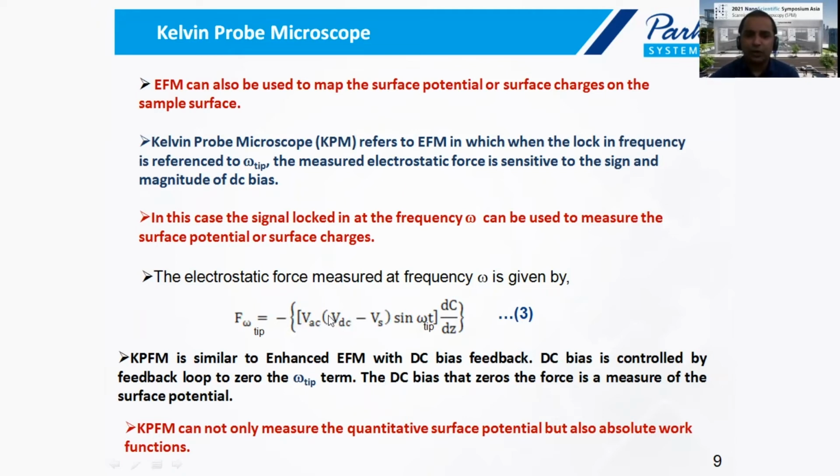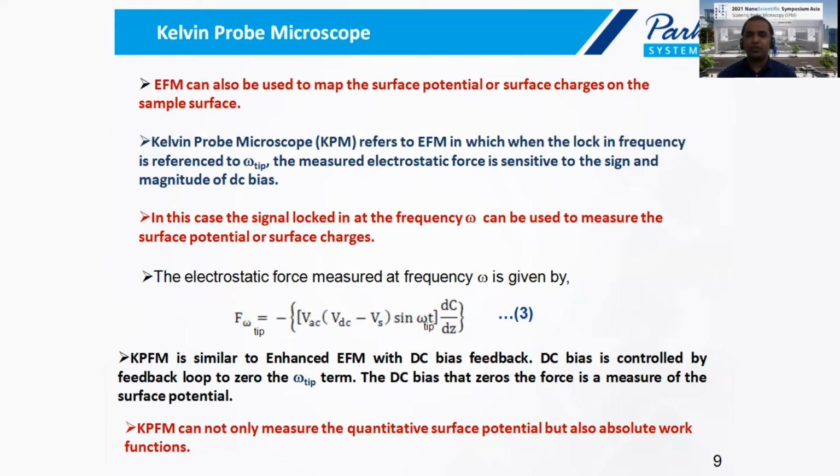In this case, we sweep this DC bias in such a way that it becomes equal to your surface potential, and your electrostatic force at the frequency omega tip goes down to 0. And this is what we want.